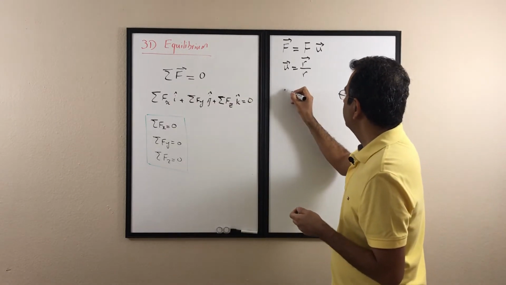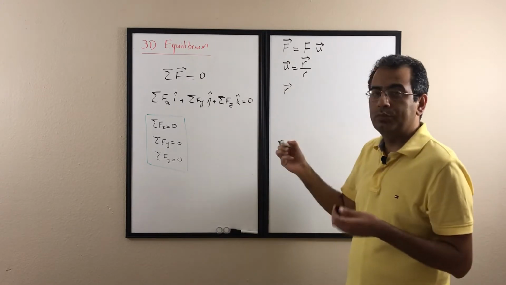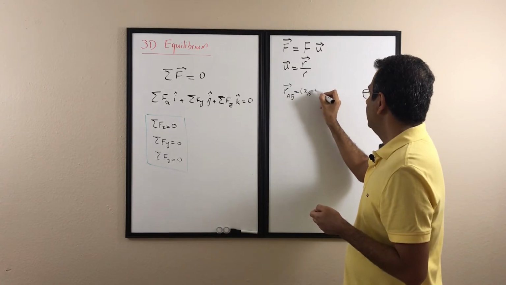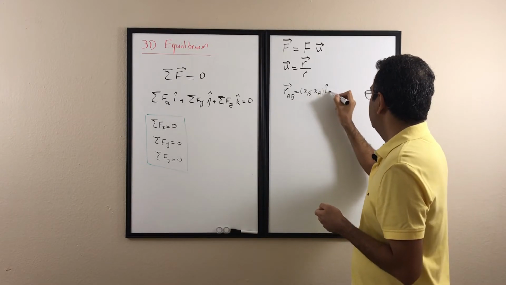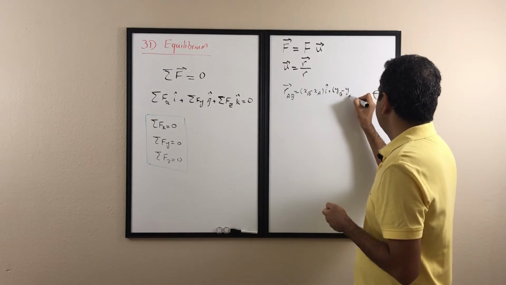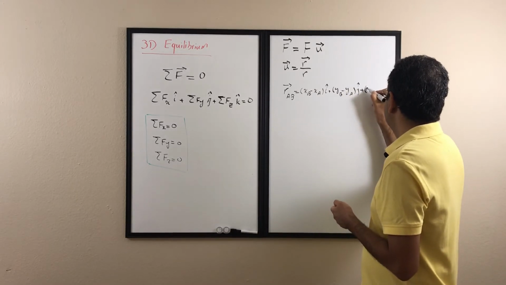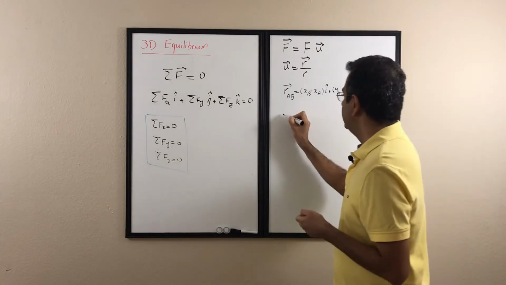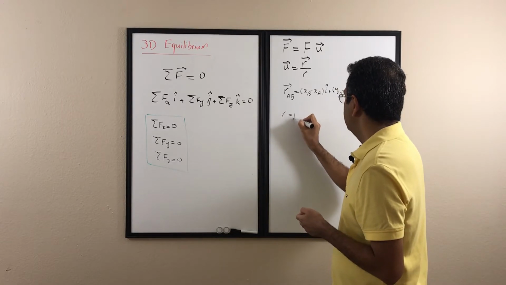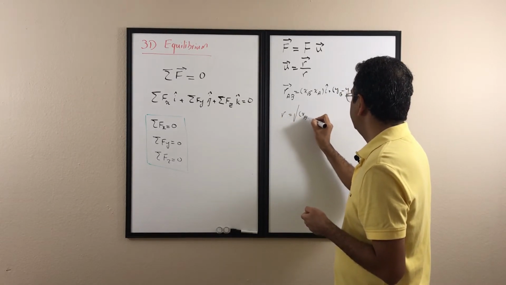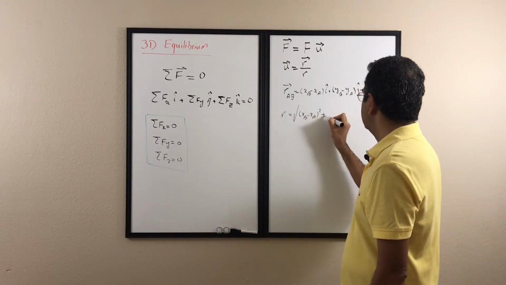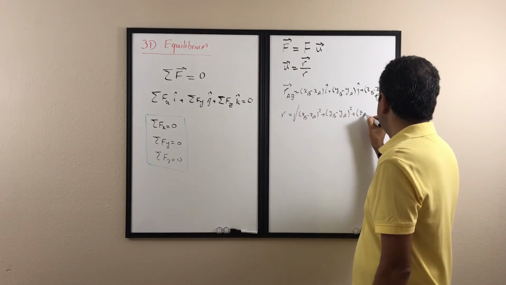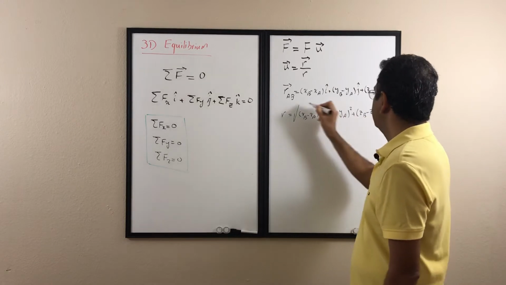And the position vector between two points A and B is (xb minus xa) i plus (yb minus ya) j plus (zb minus za) k, and its magnitude is just the square root of (xb minus xa) squared plus (yb minus ya) squared plus (zb minus za) squared.